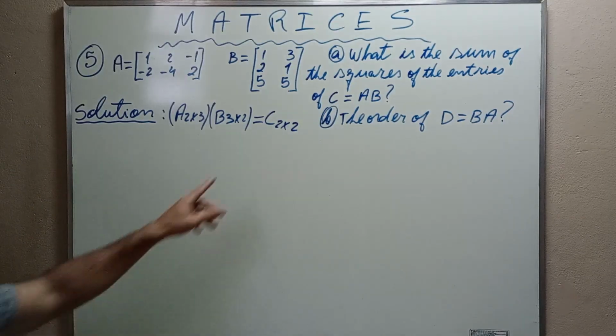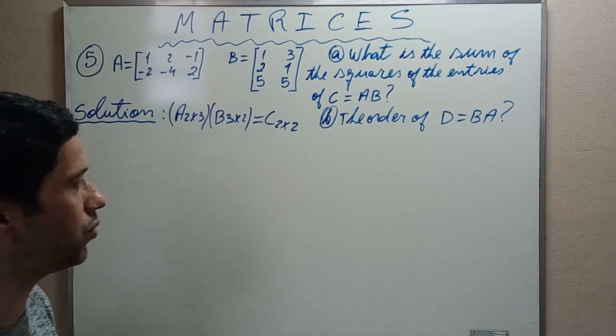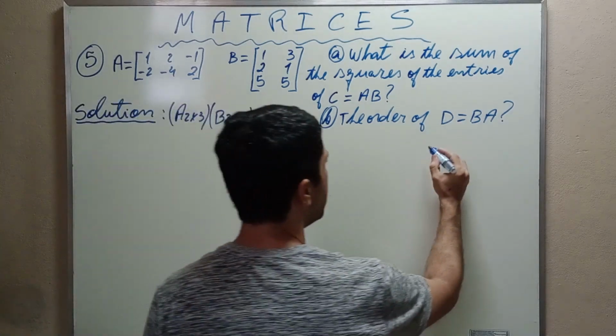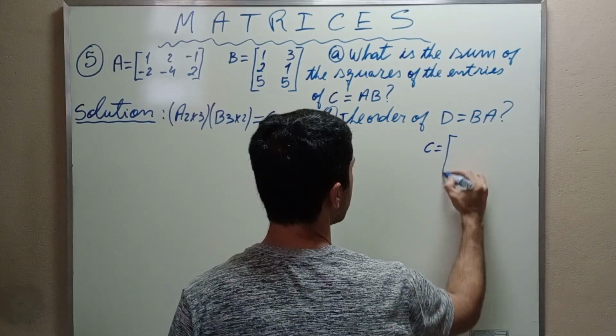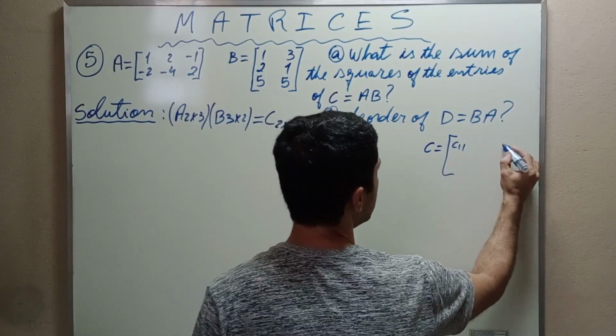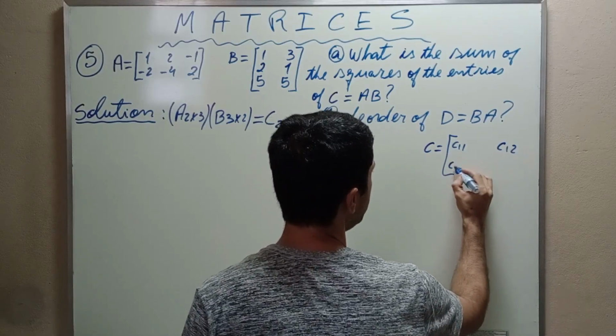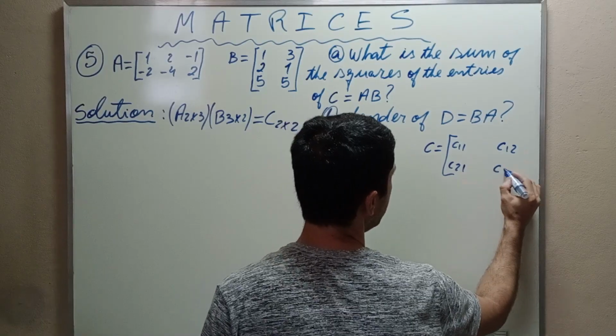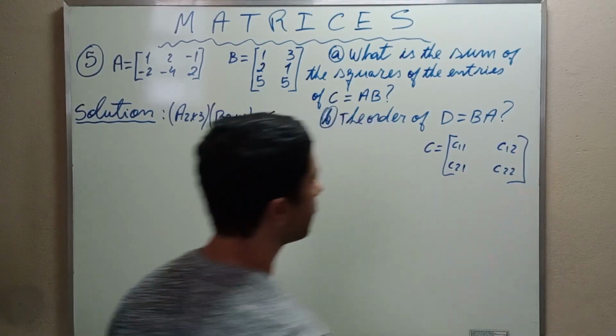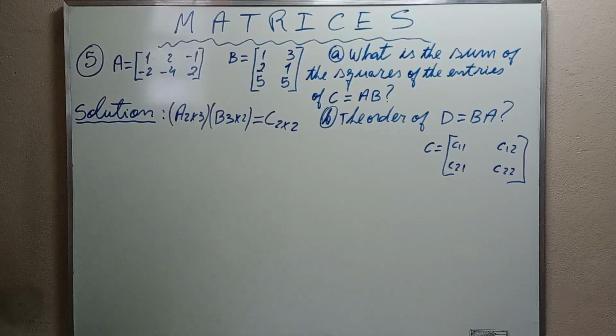Now that we know that C is a 2 by 2 matrix, we write it here. C, C11, C12, C21, and C22, okay? Now let's calculate the entries of matrix C.